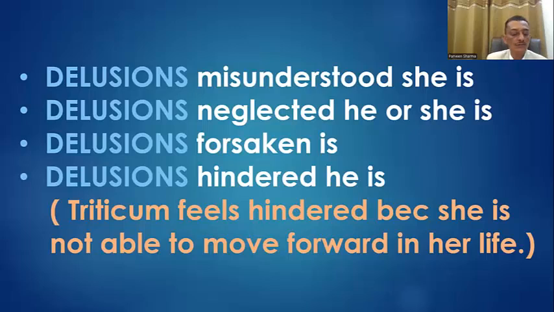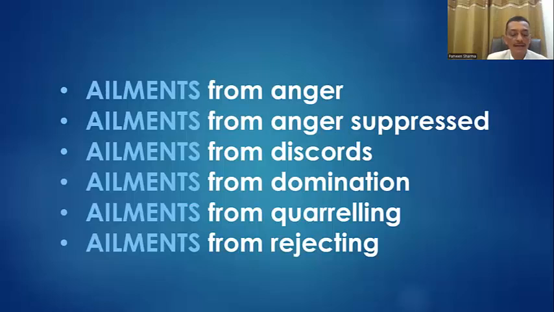Triticum feels misunderstood, neglected, and forsaken by her family and feels hindered as she is not able to move forward in her life. From here, her ailments start. She gets angry with people but suppresses her anger.